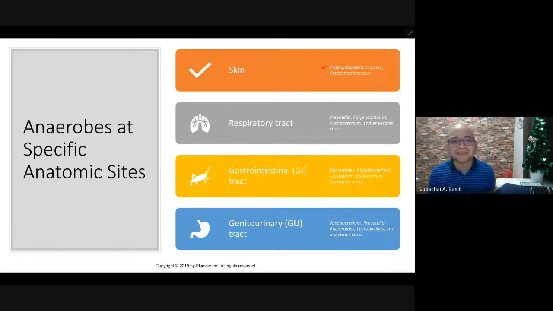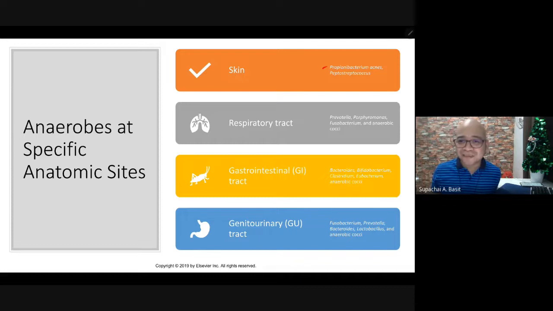In the respiratory tract, we have Prevotella, Porphyromonas, Fusobacterium, and some anaerobic cocci. For the gastrointestinal tract, we have Bacteroides, Bifidobacterium, Clostridium, Eubacterium, and anaerobic cocci. And for the genitourinary tract, we also have Fusobacterium, Prevotella, Bacteroides, Lactobacillus, and some anaerobic cocci. As you can see, they are found in different parts of our body.